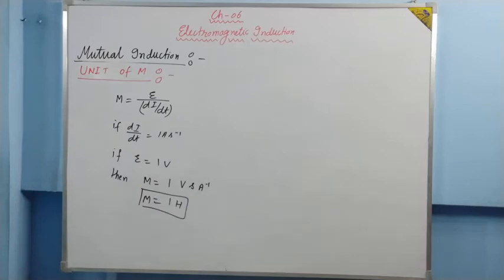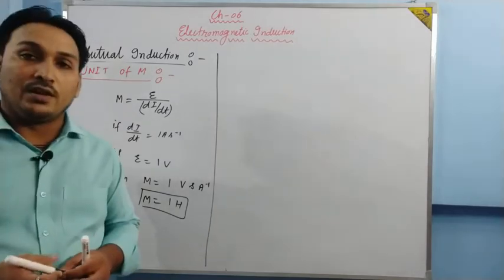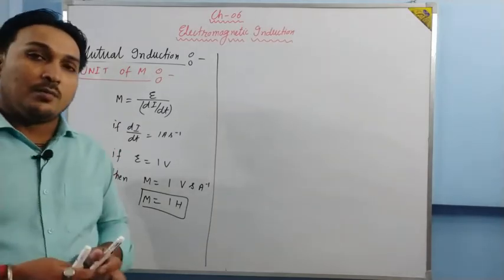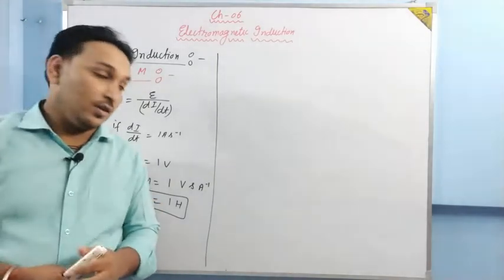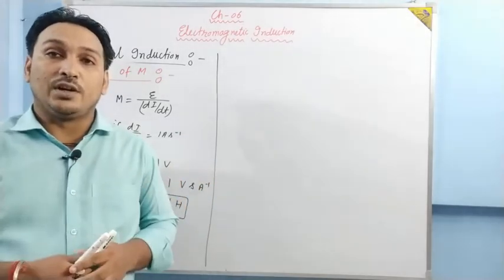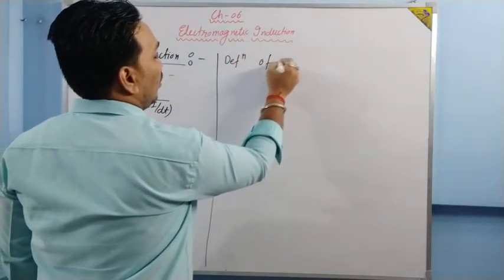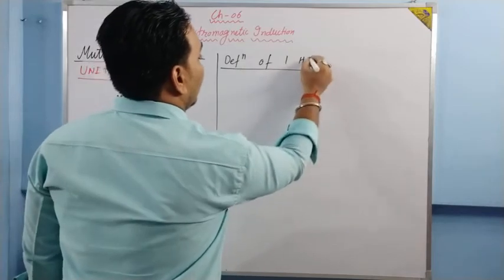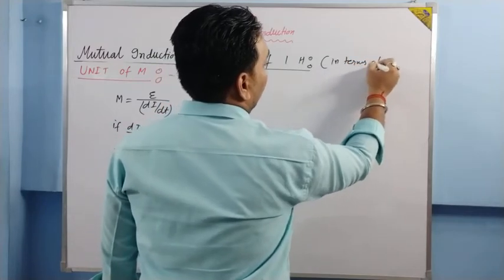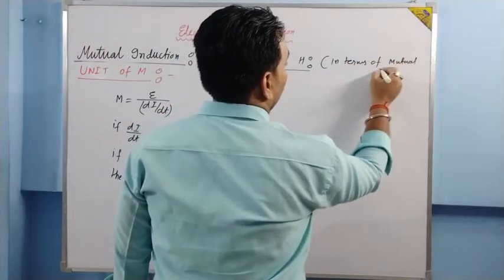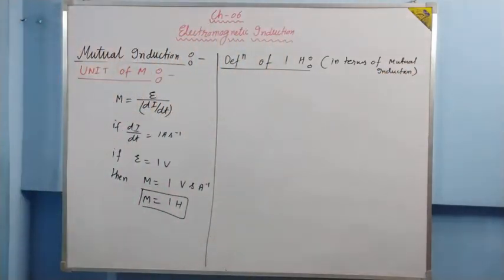So how can 1 Henry be defined in terms of mutual inductance? Already we have given the definition of 1 Henry in terms of self-induction, but let us define 1 Henry in terms of coefficient of mutual inductance. What is the definition of 1 Henry in terms of mutual induction?